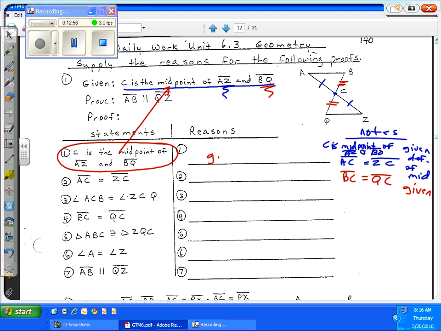Yes, it's in the given, so we put given. We take the next statement. It says AC is equal to ZC. We look in the given, and it's not there. So we go to the diagram, and it's marked. And if it's marked in the diagram, then we should have already put a reason in the note section, which is definition of a midpoint.